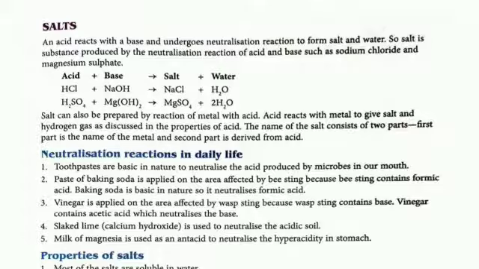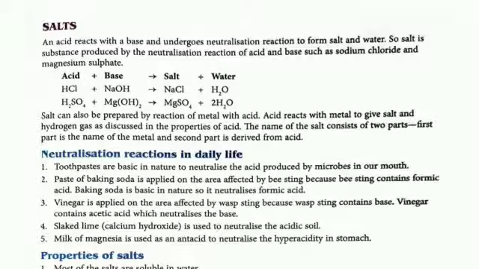So the salt will be MgSO4. Understood? And H2 and (OH)2 make H2O. Two molecules of H2O they made. So now you know how salt is formed, by neutralization of each other, means acid and base neutralize each other and form salt and water.